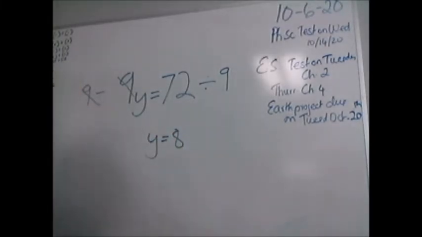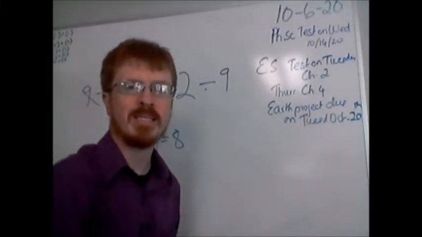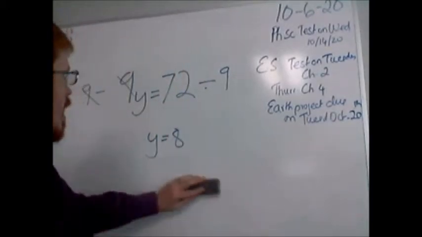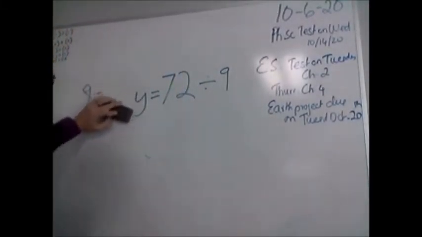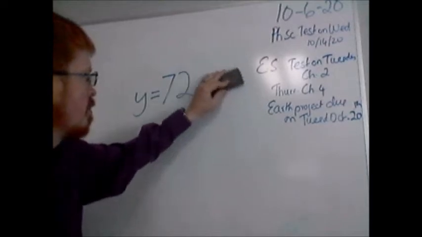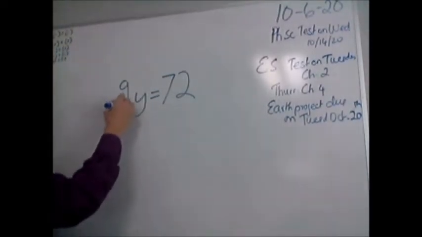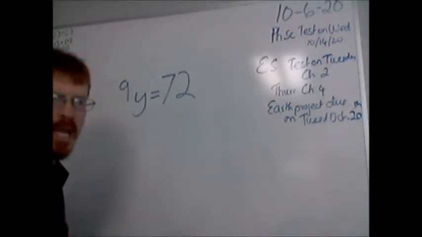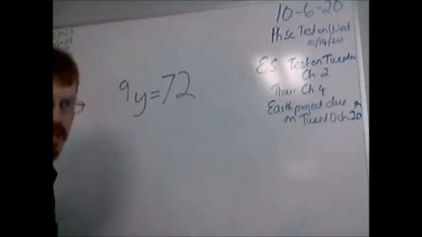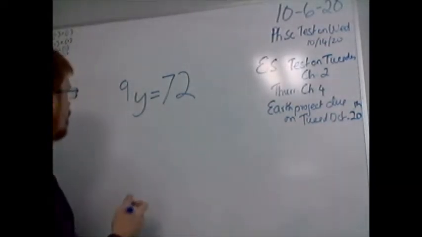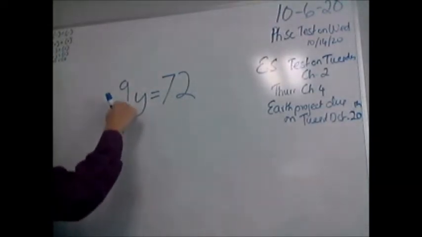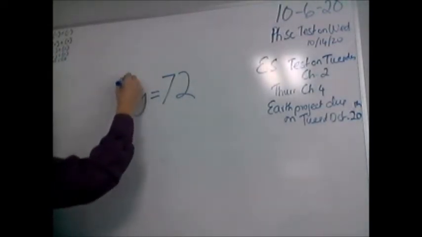Now that I've explained that, I'm going to explain how and why this works when you do the multiplication. How does dividing a number by itself create the opportunity to get rid of it? Here you have 9 times y.